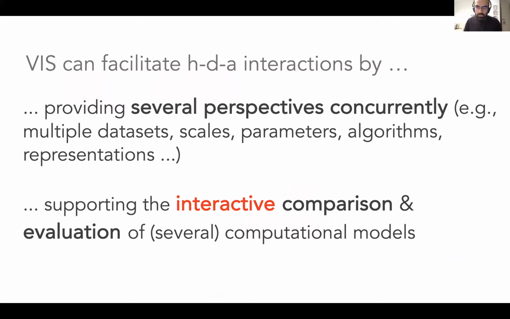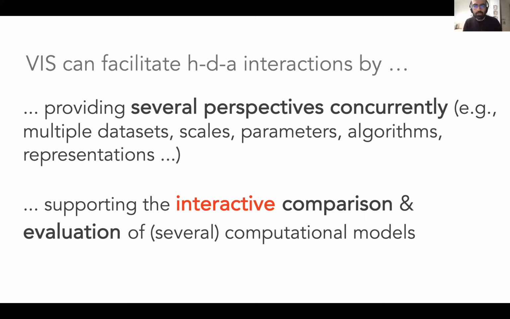So I want to show some case studies and examples where visualization is facilitating such interactions between humans, data and algorithms by providing several perspectives concurrently and supporting the interactive comparison and evaluation of several models and several representations of the data.